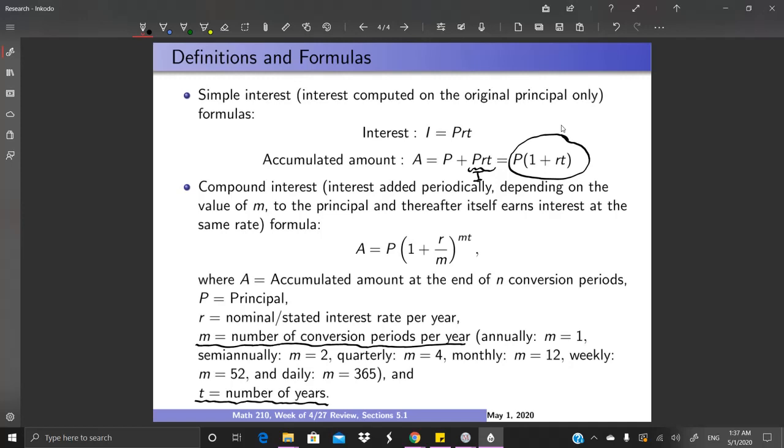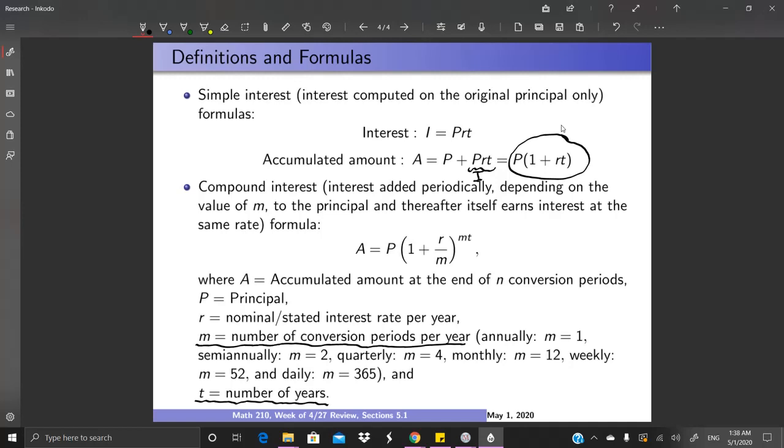Then take that new principal, figure out the interest, add it to that principal, and you get a new amount, and you keep doing this for however many periods there are. Well, M of them in this case. That's what compounded interest is: you're computing interest for whatever new amount you get after you added interest to the previous amount, if that makes sense.